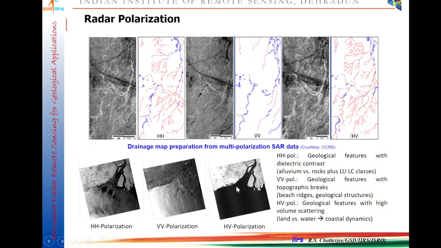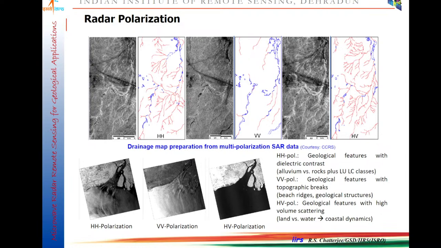Now in case of HV polarization, land-water contrast will be highlighted, because in HV polarization the radar wave cannot go inside the volume of water, because water is fully saturated with its dielectric property. Its dielectric constant is how much? Dielectric constant is above 80.